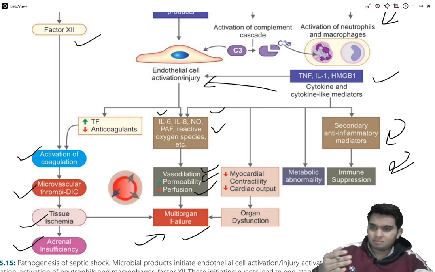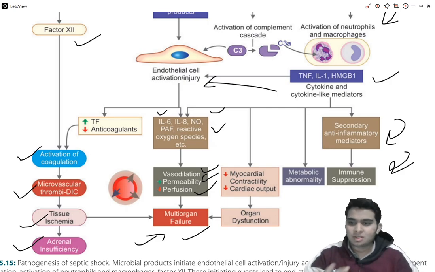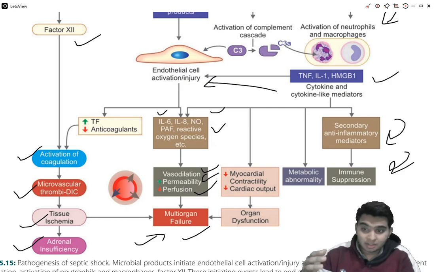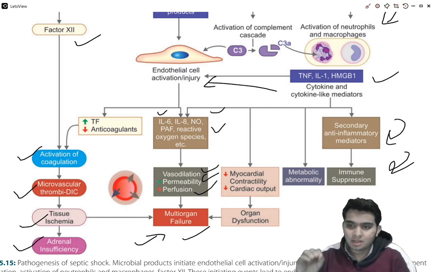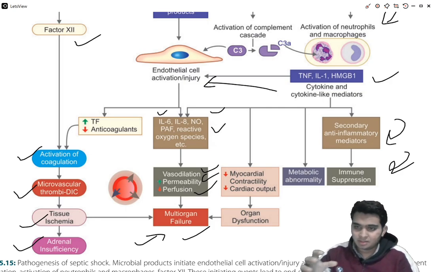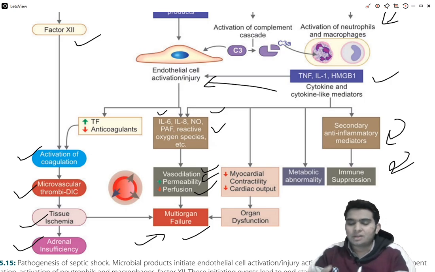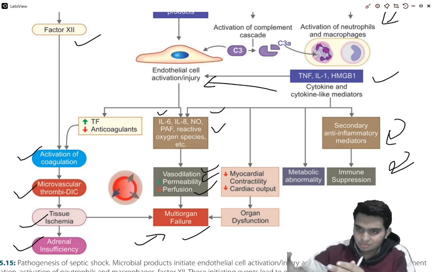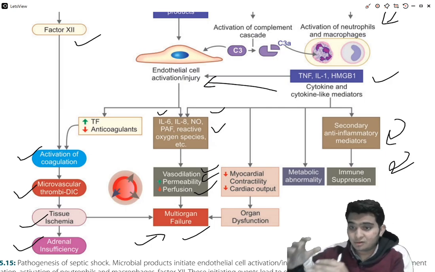So the basic mechanism in DIC is just simple. Okay, so what happens in certain areas of your body? For example, due to endothelial damage, there is an increase in coagulation factors and platelets. So in certain areas of your body, coagulation factors and platelets increase, so there will be a formation of thrombi.